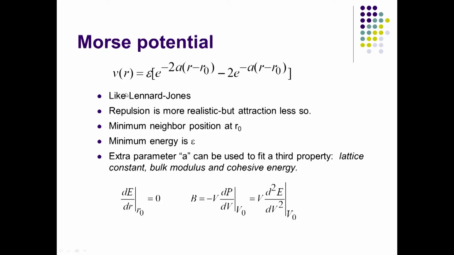So, this is a generic van der Waals model, and if you look at the Morse potential that we were looking at earlier, like the Lennard-Jones function, if you look at your slide, we have here the potential energy, but now you are looking at r and r 0. So, we are looking at the equilibrium distance between the pair of atoms, and then we are looking at the exponential terms of that. So, your repulsion force is more realistic, but the attraction interaction is less so.